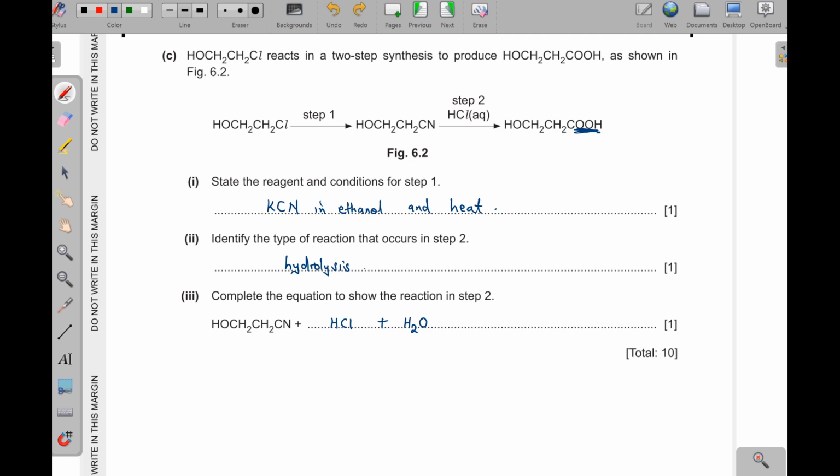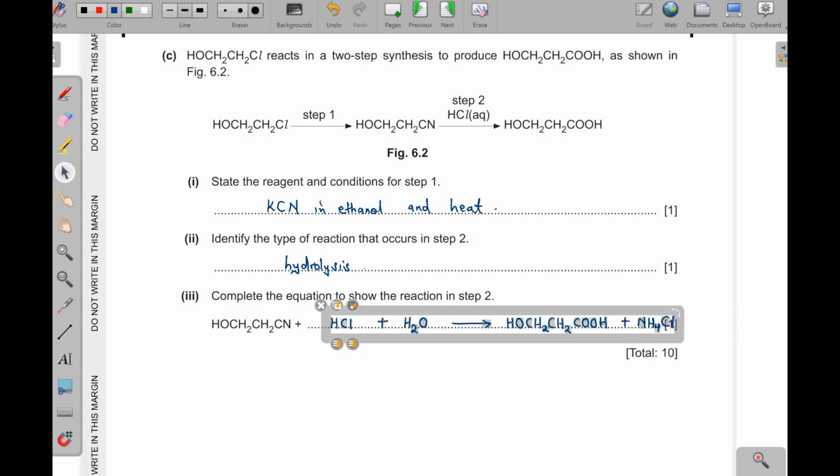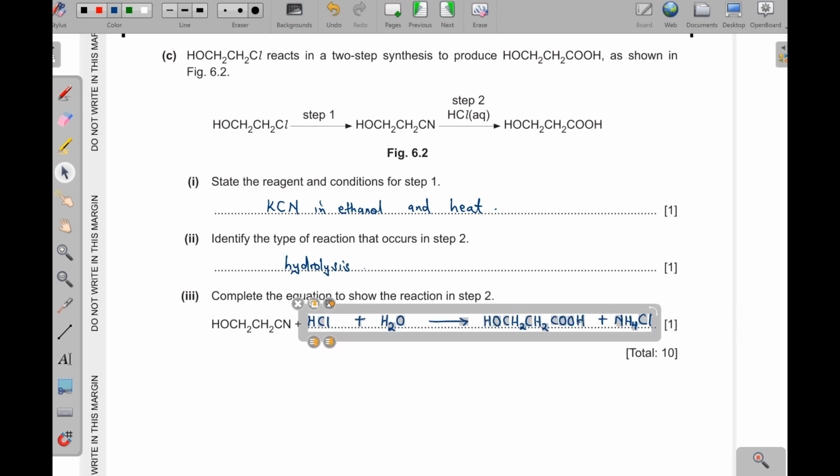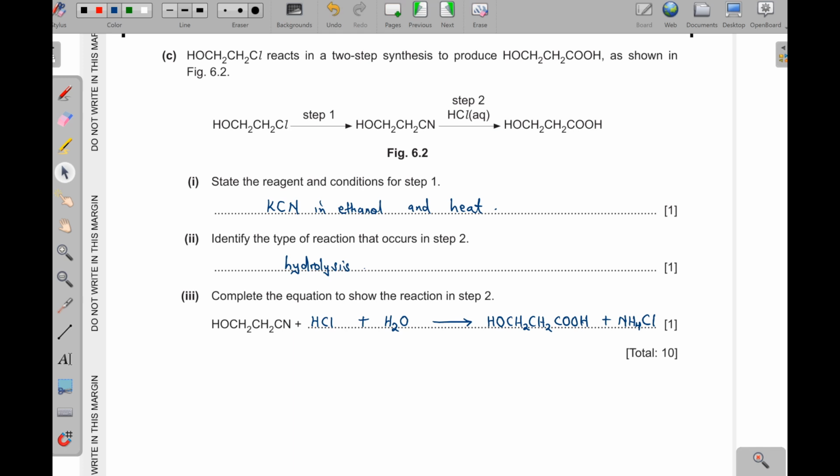So you put the water, and then we can now write HOCH2CH2COOH. Then we put the ammonium chloride. That is what we are supposed to have there.